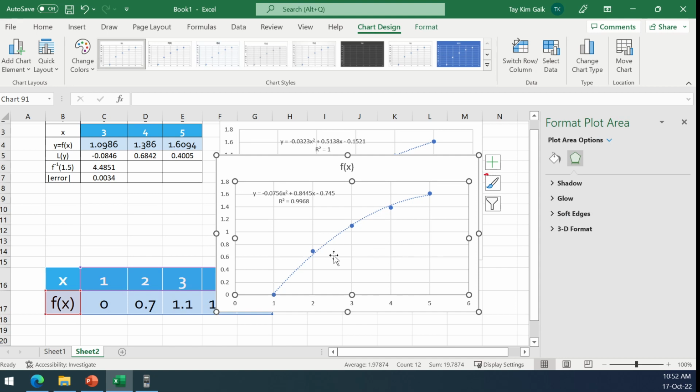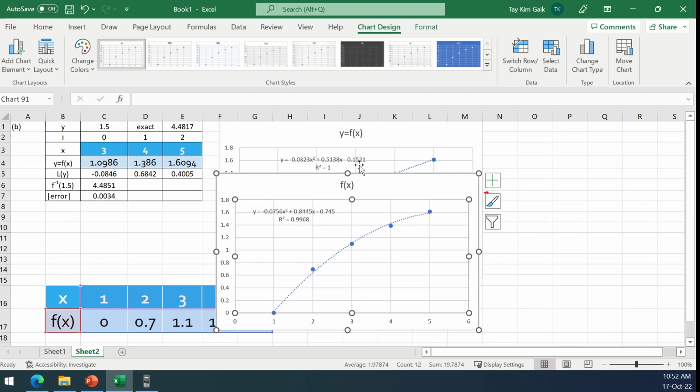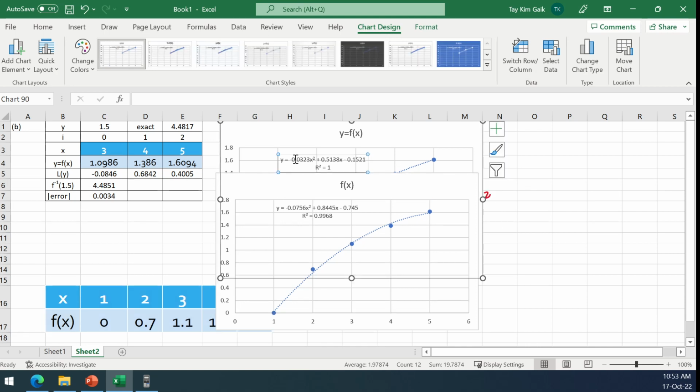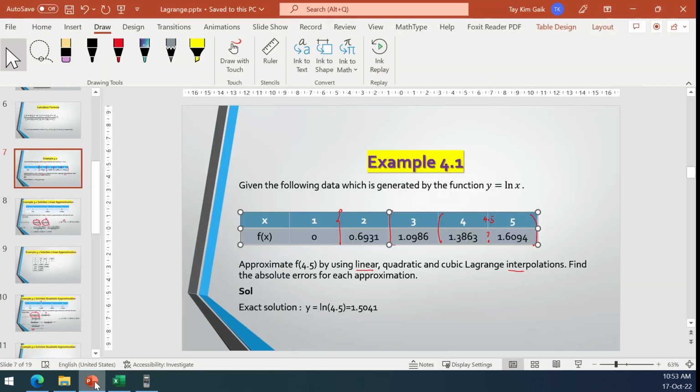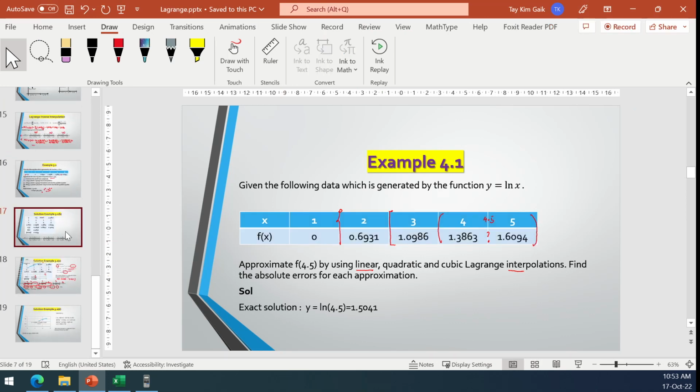So you see, if you include all 5 points, compared with 3 points, the equation is different because it takes into account two more points. So if you take all the points, the equation will be different from if you take 3 points. If you take 3 points, normally you get back the equation that you obtain manually.